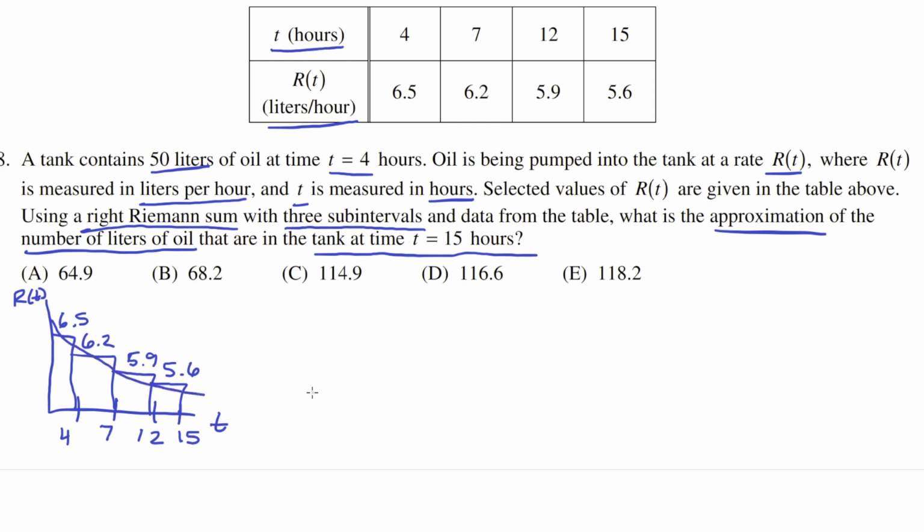So what a right-Riemann sum calculates is the area under this curve that connects these points. It'll be some kind of a downward sloping curve. And we split the area under that curve into rectangles, and we use the rightmost point of each interval as the height of each rectangle, and the width of each rectangle to be the distance between each x value.